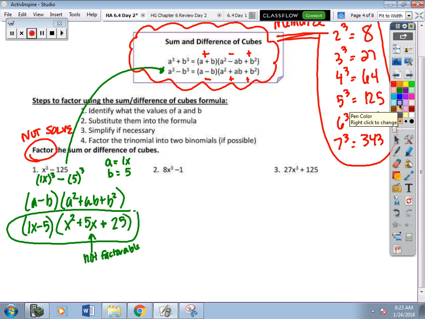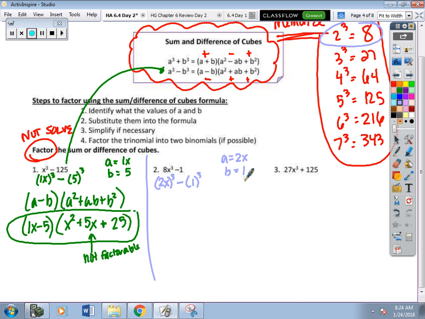Okay, the next one. Again, think about what cubed gets you 8. 2 cubed. So this is really 2x quantity cubed minus 1 cubed, which based on my formula, that's my a and my b. So a would be 2x and b would be 1.